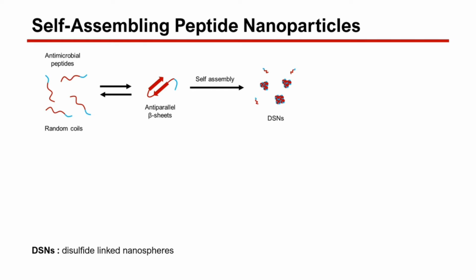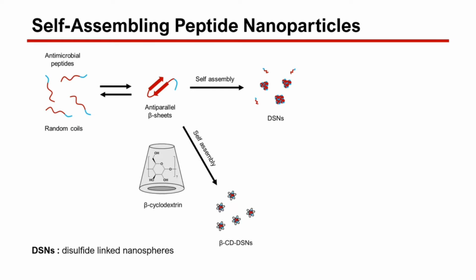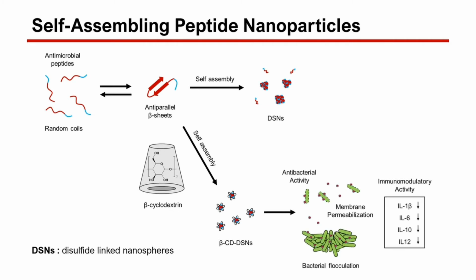The use of polysaccharide-based carriers was found to stabilize the self-assembly of these nanoparticles to give more stable DSNs that showed improved antibacterial activity, improved membrane permeabilization, improved bacterial flocculation capability, and improved immunomodulatory activity.